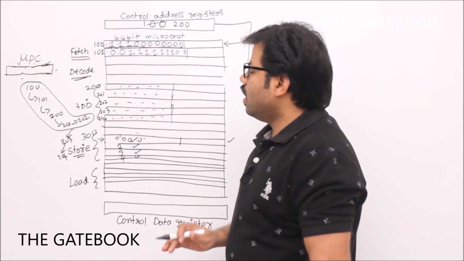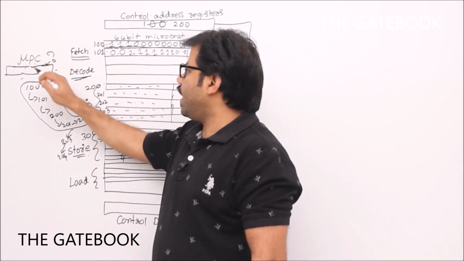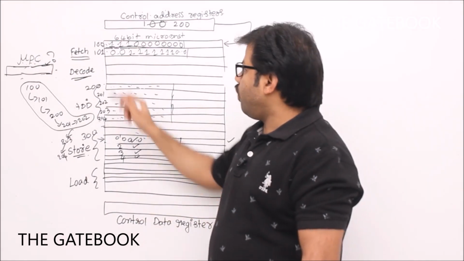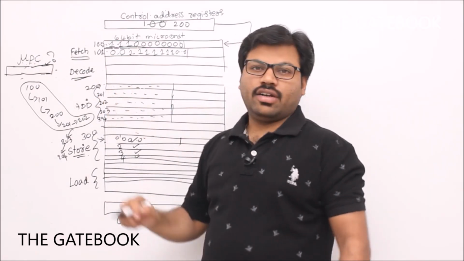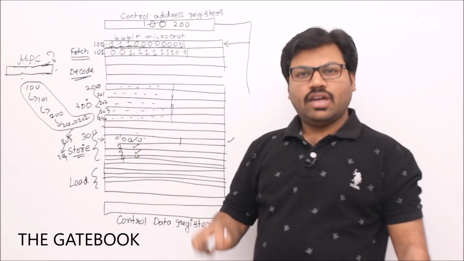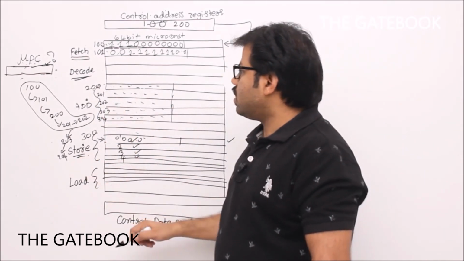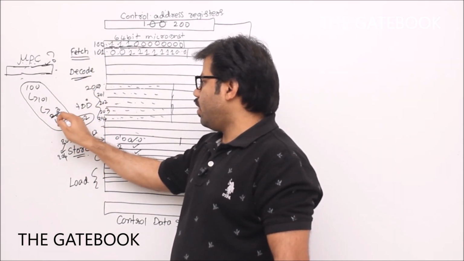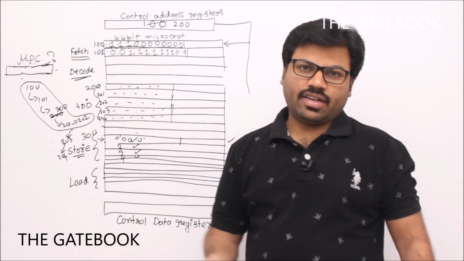Just remember that. Now the question is, sir, how do you change your micro program counter appropriately so that after 101 it will jump to 200? Sir, how do you know that we have to jump from 101 to 200? And sir, for the store instruction, you have to jump from 100, then 101, then 300, not 200, correct? But how do you plan it?